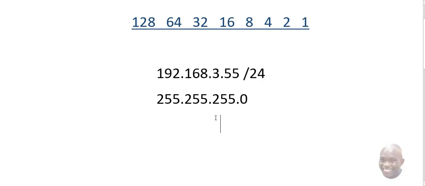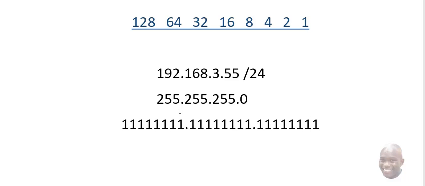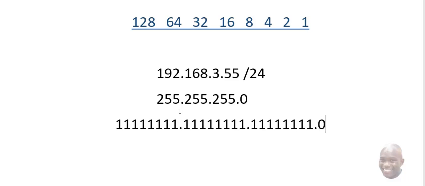If you were to write 255.255.255.0 in dotted 32-bit binary notation, we get a set of ones and zeros. 255 gives us eight ones, another 255 gives eight ones, another 255 gives eight ones, and the last one is a set of eight zeros.